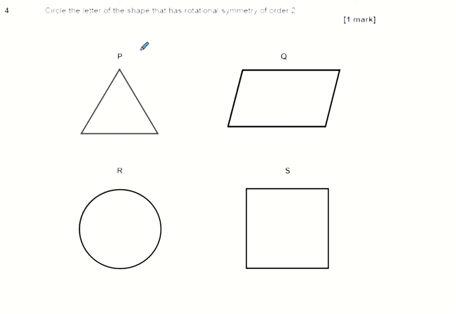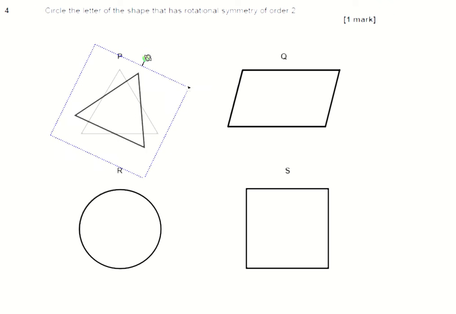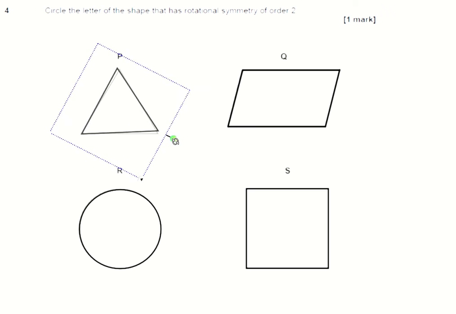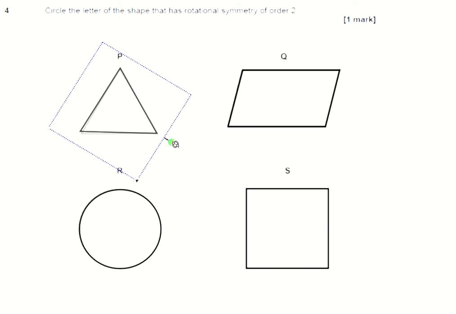Question 4. Circle the letter of the shape that has rotational symmetry of order 2. Right, rotational symmetry is how many times a shape will look the same as it is rotated through an angle of 360 degrees. If I take the triangle as an example, at the moment it's looking like this triangle once, as in its starting position, but as I rotate it round 360 degrees, once I reach 120 degrees, it's looking like the same triangle again.